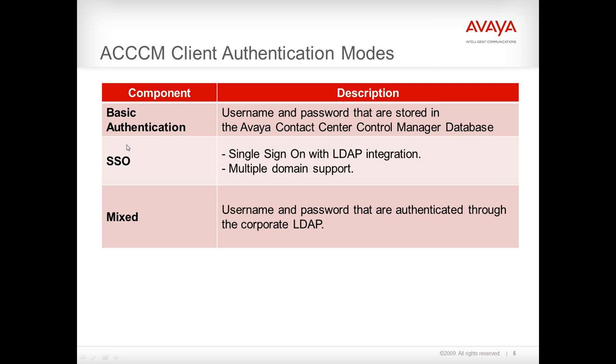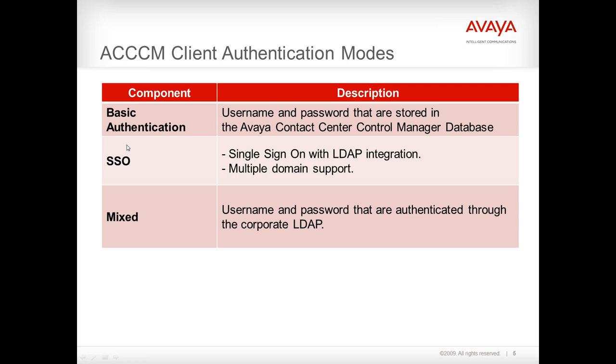For example, if in your environment you have a forest with, I don't know, 5 different domains, each domain for a different region in the world, whether it's EMEA, APAC, CALA, or North America, in ACCCM you can create these domains or create the link for these domains.